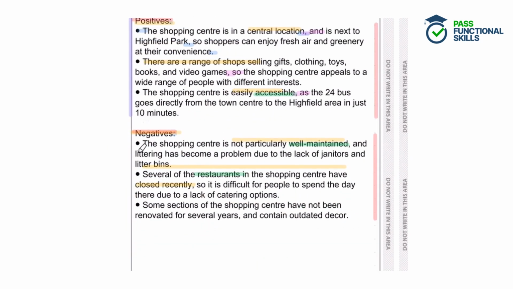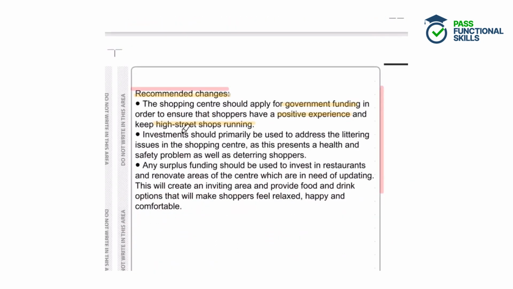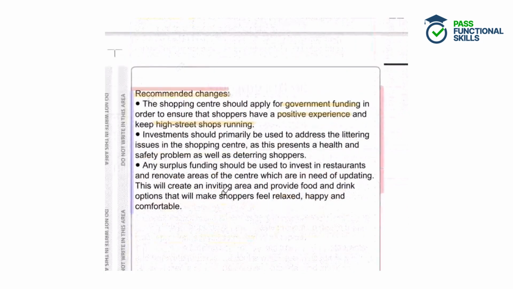And then we talk about the negatives. So it's following in a logical order so far. And then right at the end, we have recommended changes. So these are based on the positives and negatives that we've already talked about, and it makes sense that they would go at the end. So we've got a really great structure, a well-organised text, and it's really cohesive.